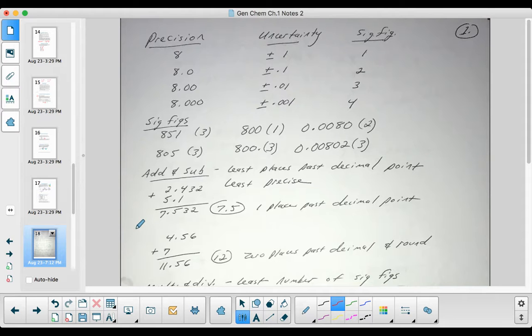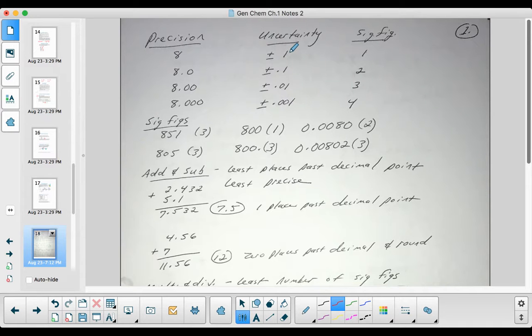And so here is just kind of a summary of all the things that I just talked about. When we talk about precision, it depends upon how many zeros follow your value or how many places past the decimal point. And so in the first example, there's 1, there's 2, there's 3, there's 4 sig figs. I can also write my uncertainty.